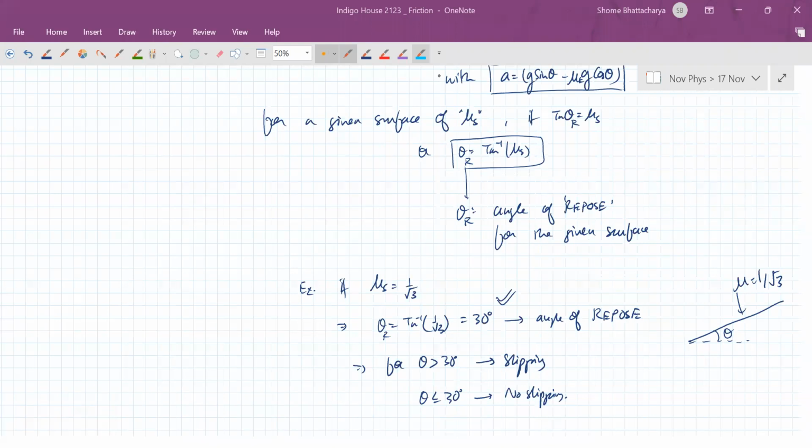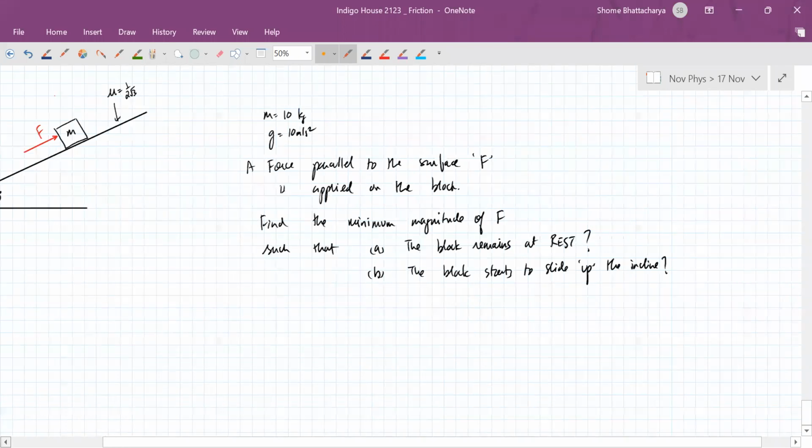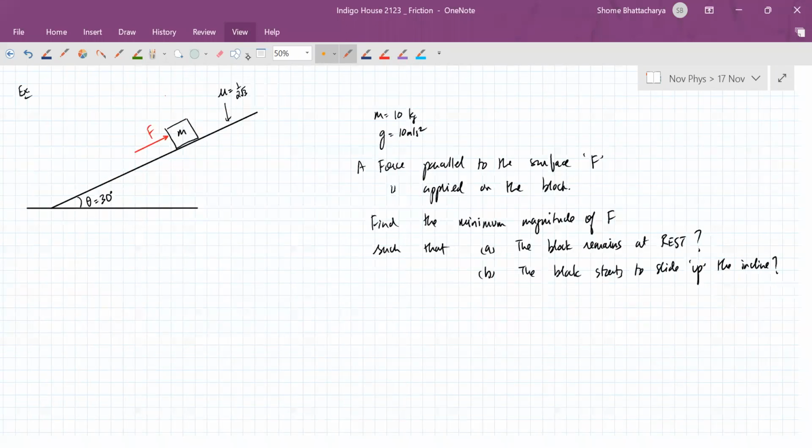Okay, so let's come back to the question. The coefficient of friction is given to us in terms of root 3. Theta is the angle of repose. Even in that above question, coefficient of friction was 1 by root 3. So angle of repose, theta r, was tan inverse of 1 by root 3. So that's how we got it to be 30 degrees. That was the example.